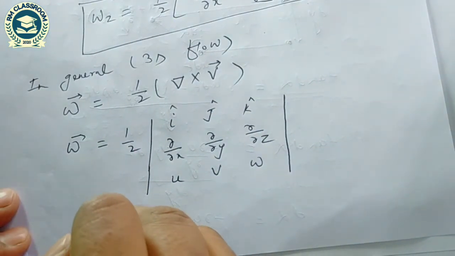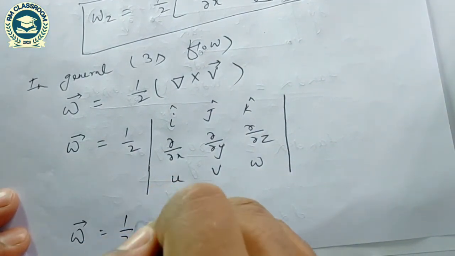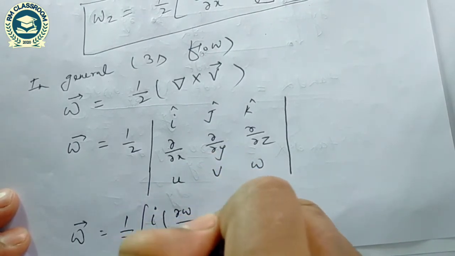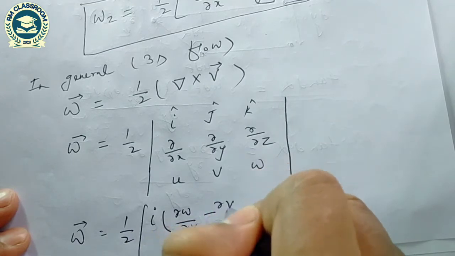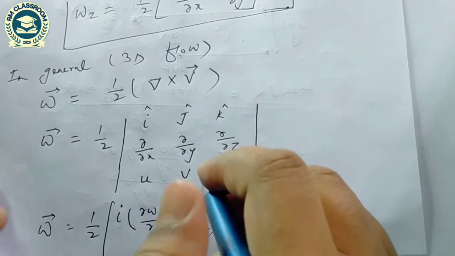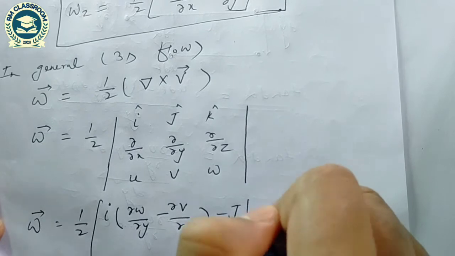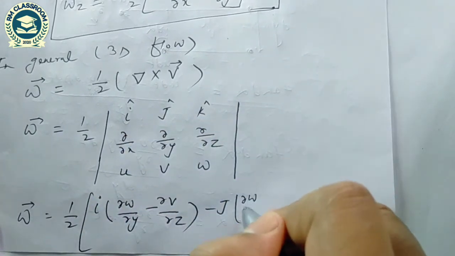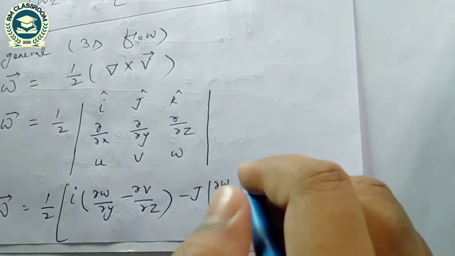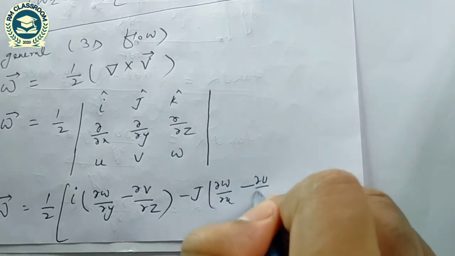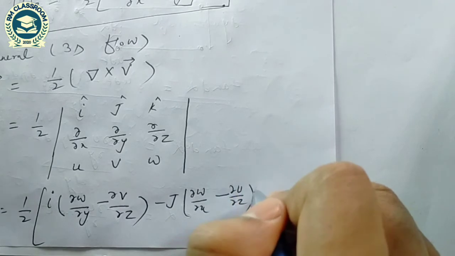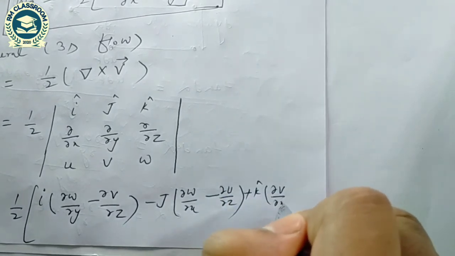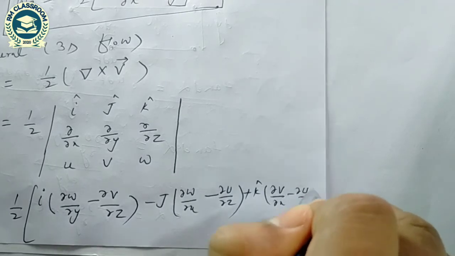So omega can be written as 1 by 2 of i into del w by del y minus del v by del z, minus j into, if I solve this determinant, del w by del x minus del u by del z, plus k times del v by del x minus del u by del y.